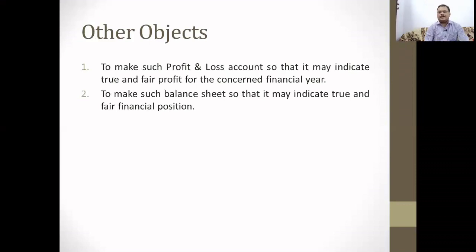With the adjustments, you ascertain the correct financial position: what is the correct amount of liabilities you have, what is the correct amount of assets you have, and what is the correct amount of capital you have.